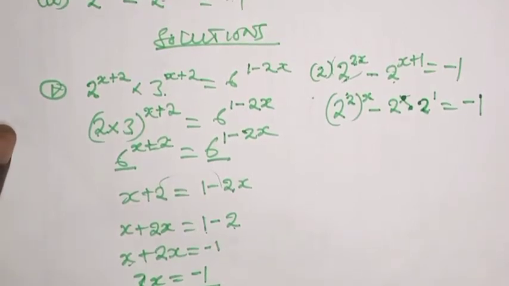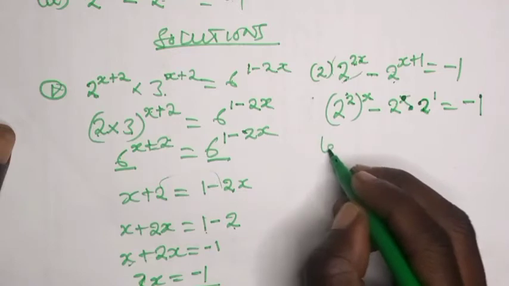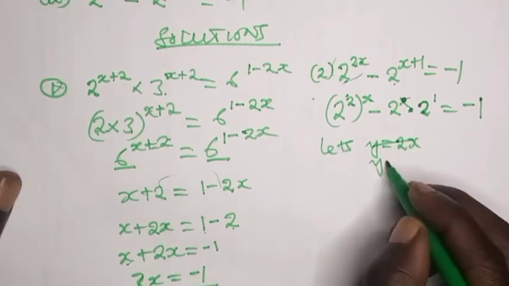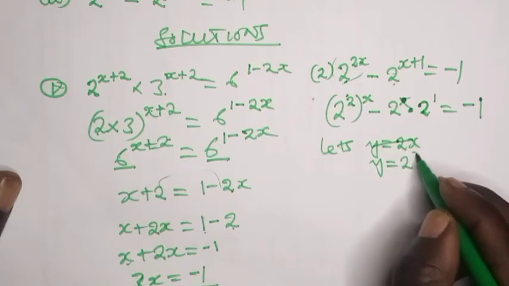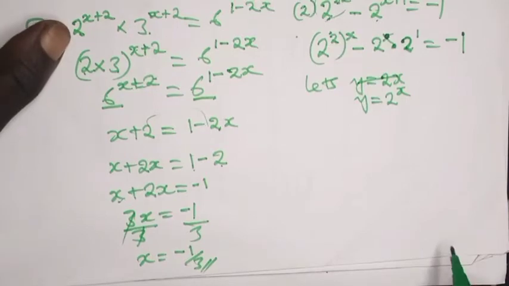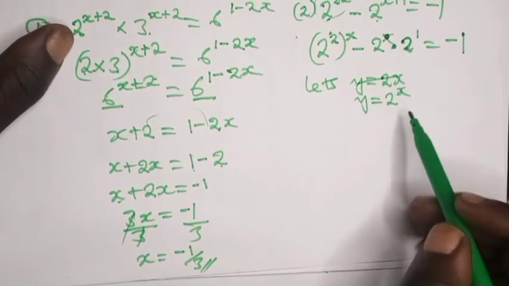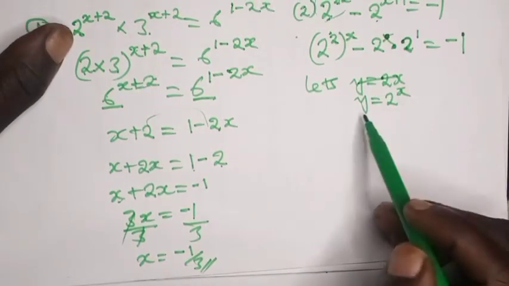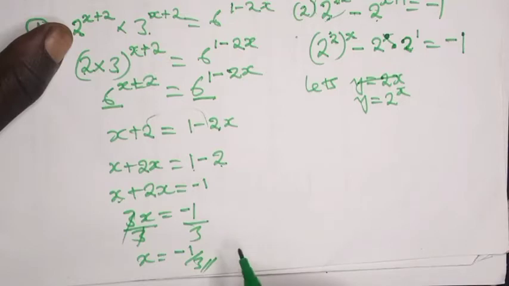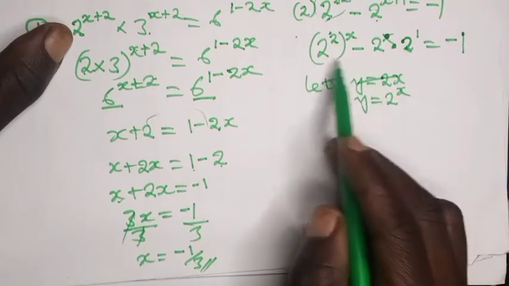So here let y be 2 power x. Then we are going to substitute where there is the 2 power x squared. Where there is x power 2, we substitute with the y.